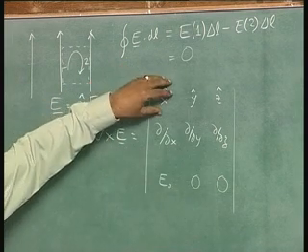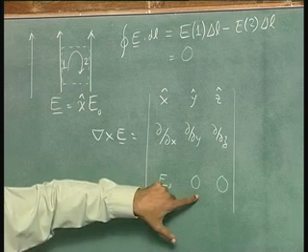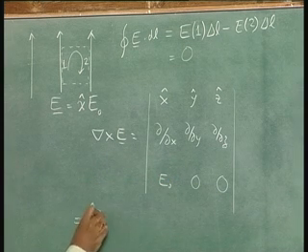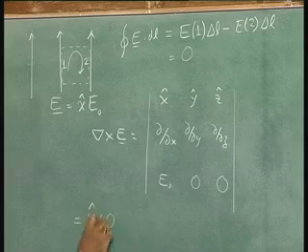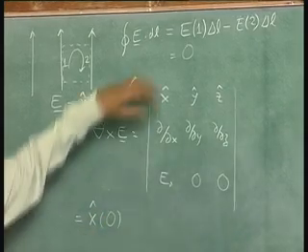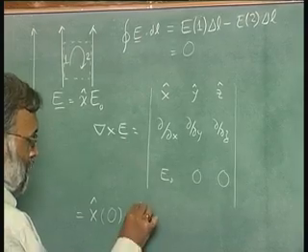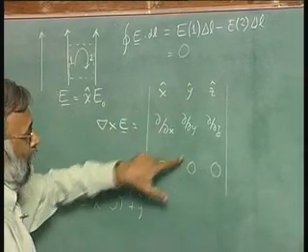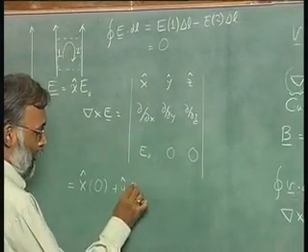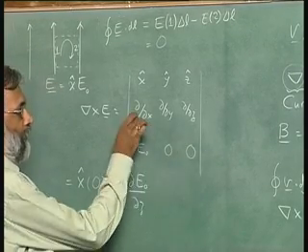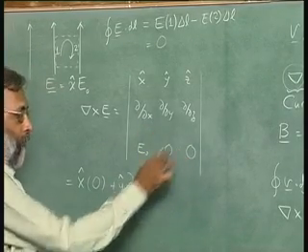Well, if I take the x component, I have 0 and 0 in one row, so that is 0, x hat times 0. If I take y hat, then I have del del z of E naught, but this side is del del x of 0.